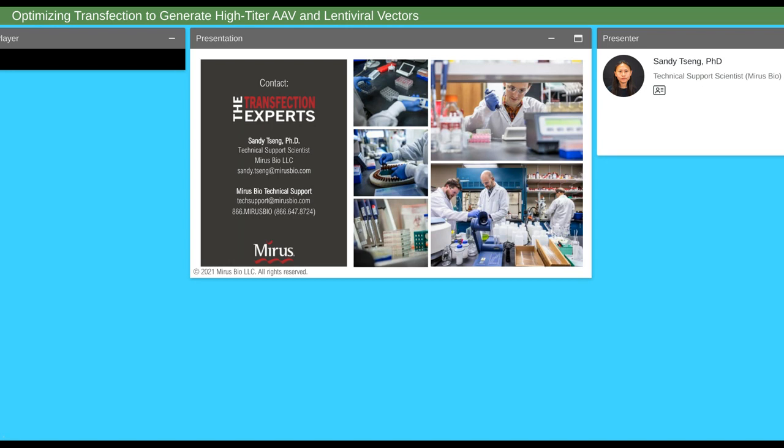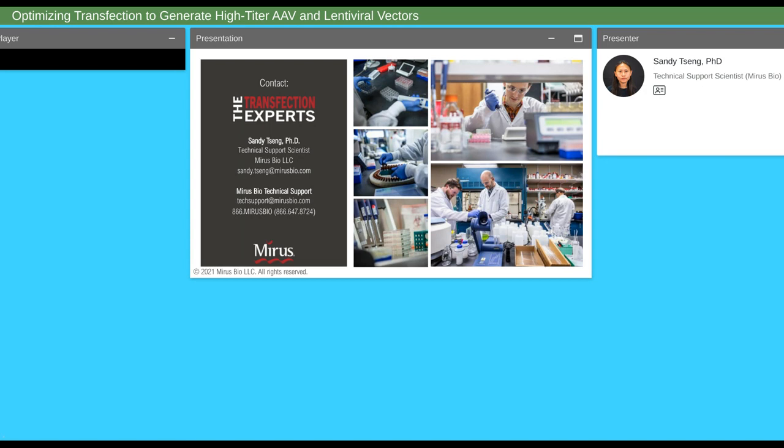So for the AAV2, because HT1080s can be infected by them, we use HT1080s. What you do is count how many HT1080s are in a given well, and you can apply your virus directly to the well. What you're trying to measure is how many of those cells were infected, and those are called transduction units.